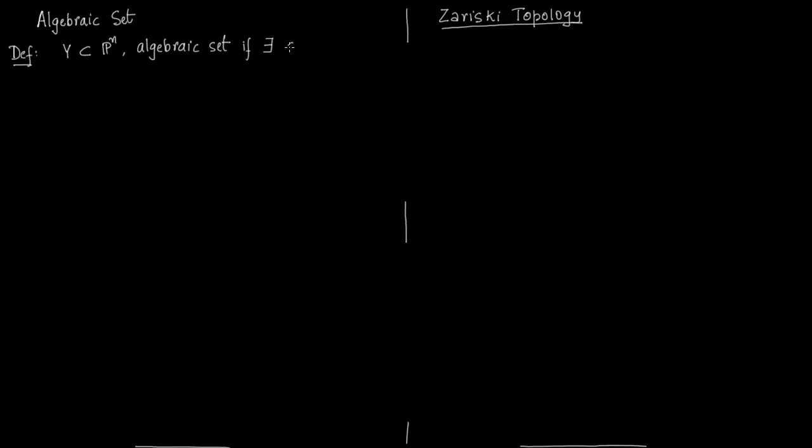Formally from Hartshorne, Y, a subset of Pn, is an algebraic set if there exists a set T of homogeneous elements of S, where S is the graded ring, such that Y is the zeros of T or vanishing set of T. Same as in the affine case, polynomials are just replaced by homogeneous polynomials in the projective case.